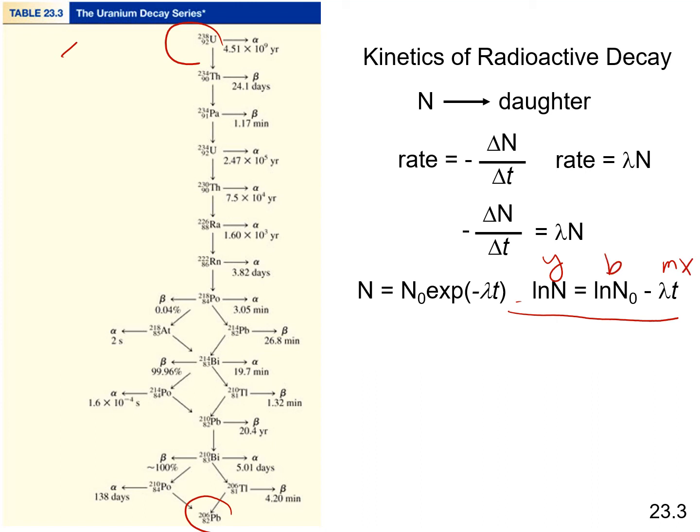Our x is the time, and our y is the natural logarithm of N over N0. N0 is the amount of our material at time 0, and N is the amount remaining after some time.